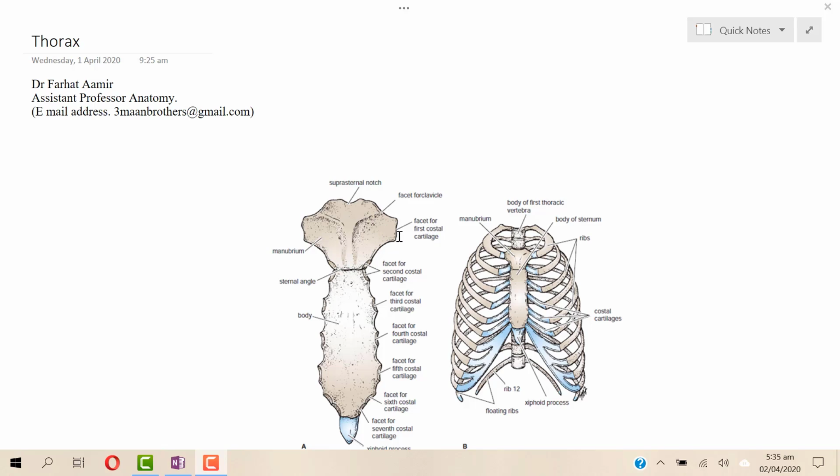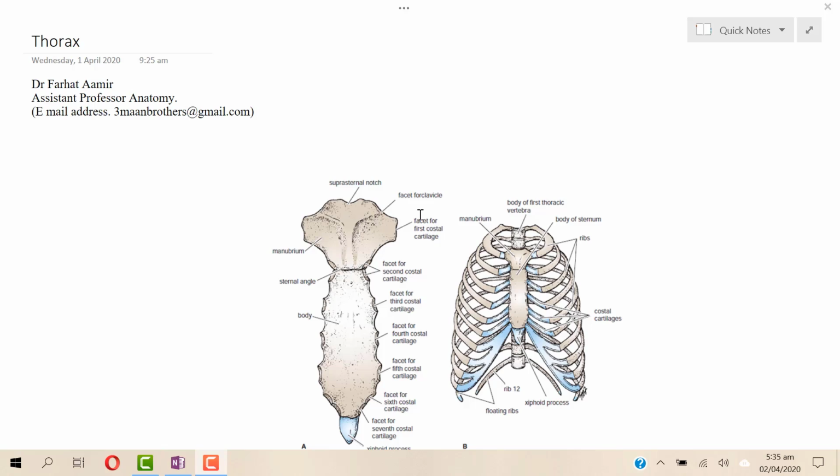Now, can you see on the lateral borders, there are two facets for the first costal cartilage. This is for the left side and this one is for the right side. See the cursor which I am moving over the diagram. This is the right facet for the first costal cartilage and this is the left facet. They will form one joint which is called the first chondrosternal joint.